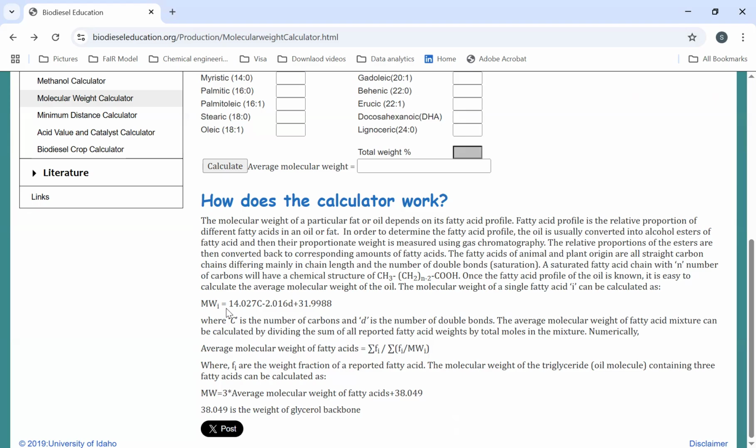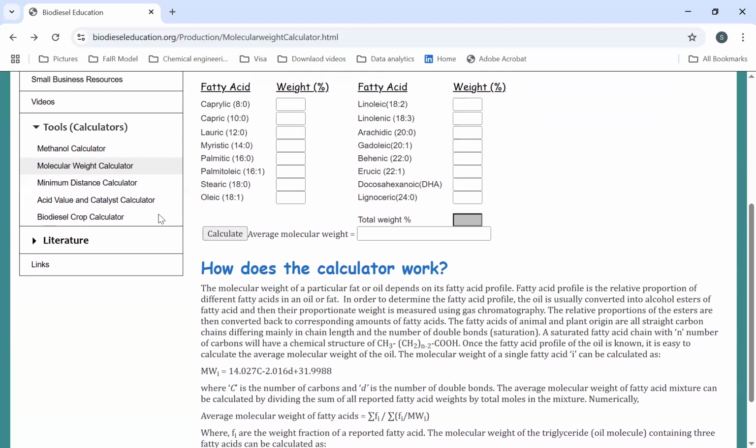individual fatty acid. For example, if you have linoleic acid, in this case, you need to see how many carbons and how many double bonds it has, and then you can use this simple equation here.